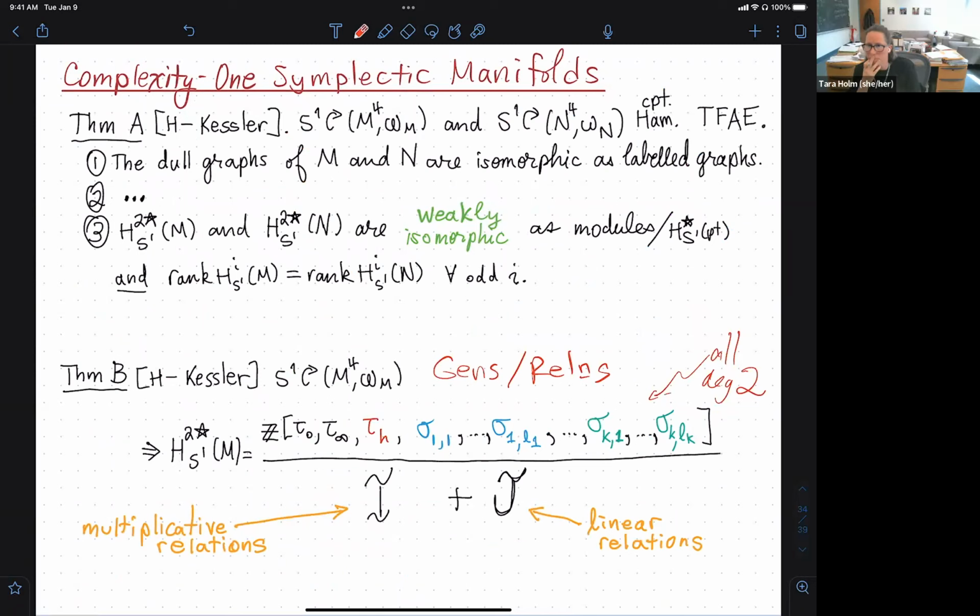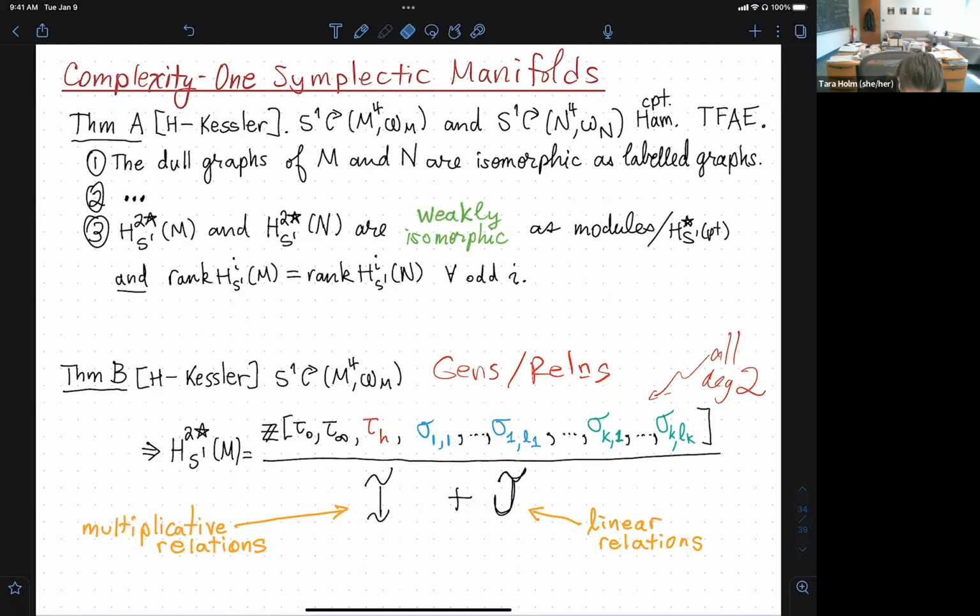But then from time to time you mention the odd cohomology groups. How do those things go together? Yeah, so how the odd cohomology fits in. First of all, one thing that is true is that part of the data that you need in this theorem is the ranks.